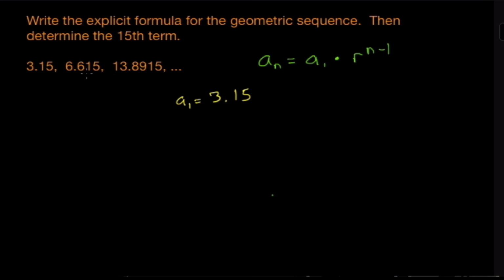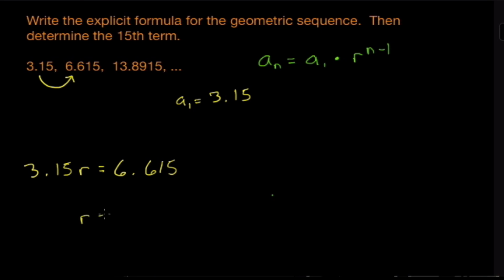So you know how to find the common ratio comparing these two terms, but I'd like you to get used to creating a model. So we're going to ask ourselves, what are we doing to go from 3.15 to 6.615? What are we multiplying by? 3.15 times the common ratio r equals 6.615.